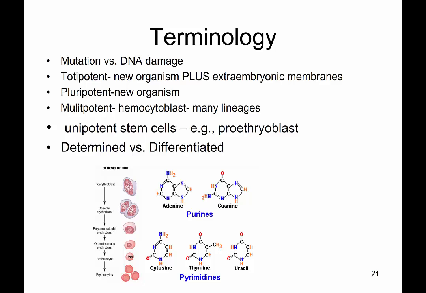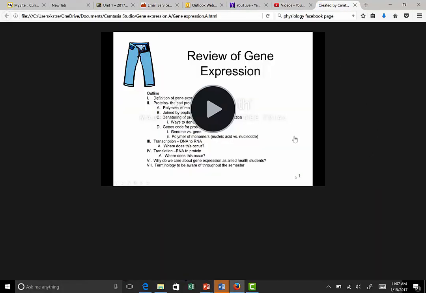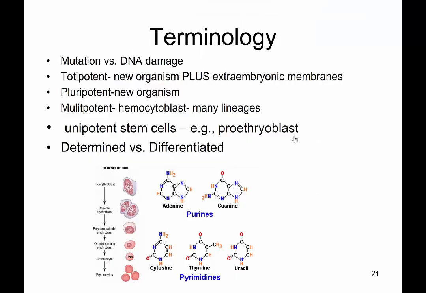When damage becomes a mutation is a totally different thing. Damage that's not repaired can lead to a mutation. For example, uracil. Uracil is supposed to be found in RNA, but uracil can be found in DNA. Uracil that's found in DNA, it's not supposed to be there. So when it gets inserted in DNA, it's a nucleotide, and it happens quite a lot actually.